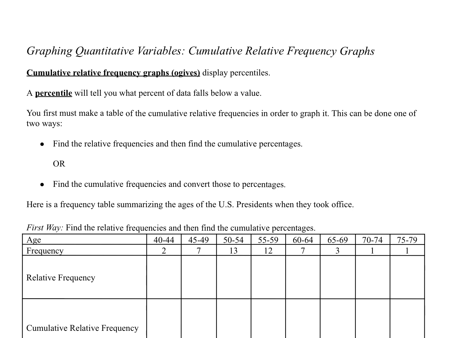And it can be done one of two ways. I'm going to show you both ways, and they both result in the same graph, so it doesn't matter which one you choose to do. I find one way to be a little bit easier than the other. You can find the relative frequencies first, then find the cumulative percentages, or you can do cumulative frequencies and convert those to percentages. I find the second method to be a bit simpler.